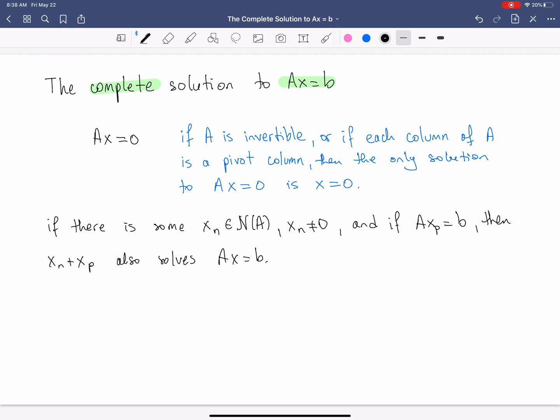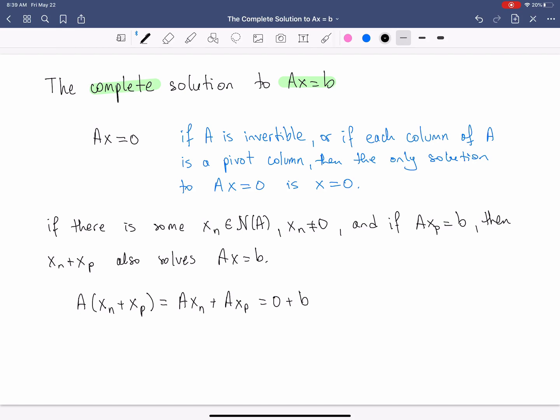Why is that? Well, let's just multiply A by xn plus xp and see what we get. A times xn plus xp gives A xn plus A xp. Now A times xn is 0 because xn is in the null space of A, which exactly means that A xn is 0. And we assume that A times xp is the vector b.